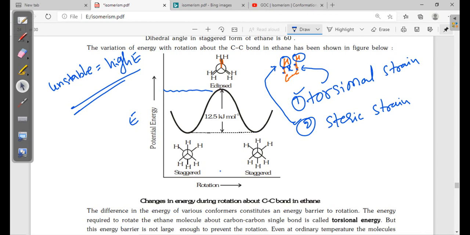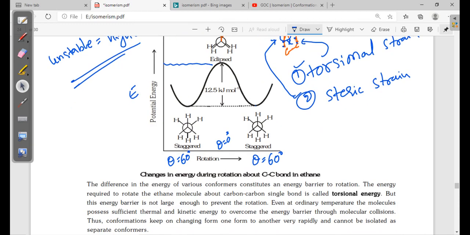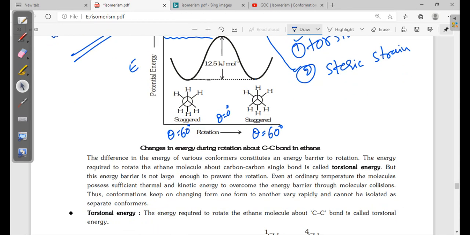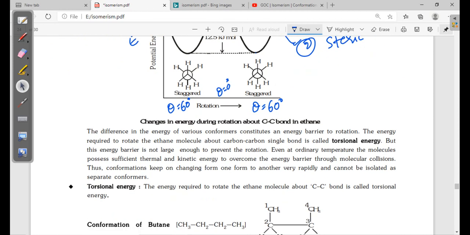Here theta equals 0 degrees, here theta equals 60 degrees, and here also theta equals 60 degrees. What is this theta? The dihedral angle. Maximum space is there in between two hydrogens, even in between sigma bonds, so least repulsions. Two words you have to remember: torsional strain and steric strain.